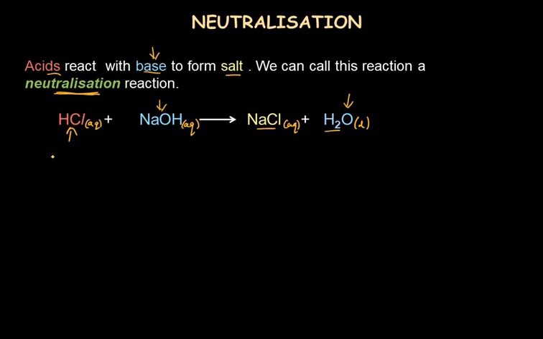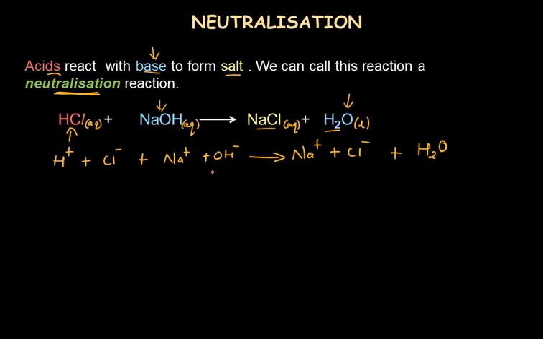So hydrochloric acid will be ionized into its respective ions. Also, sodium hydroxide will be ionized into its respective ions. Now, we can write NaCl also in the same form, but water cannot be ionized further. So, water has to be written in the same form as H2O.